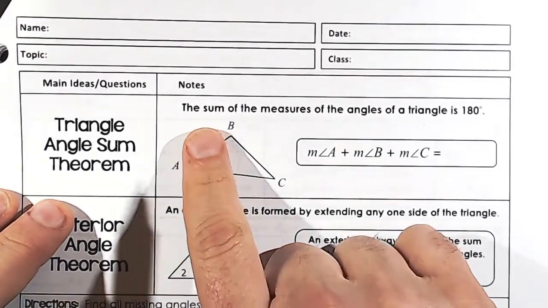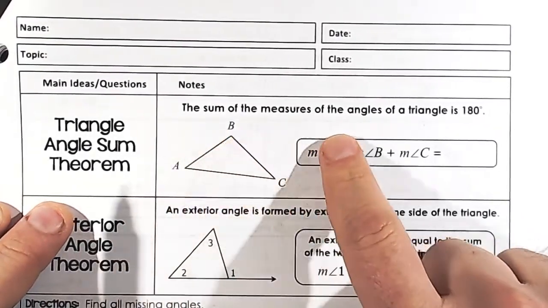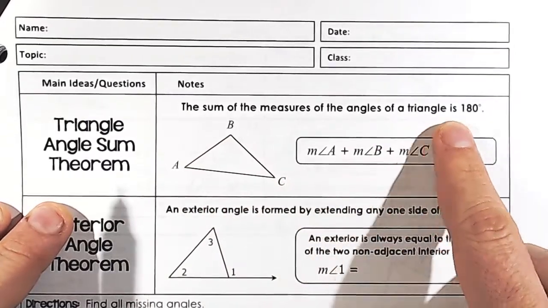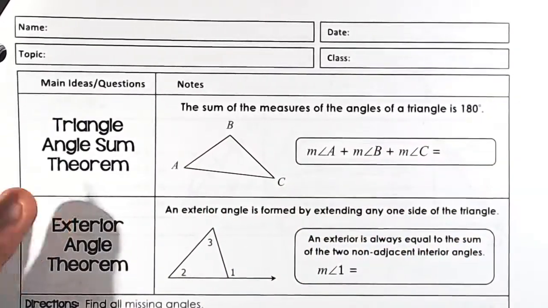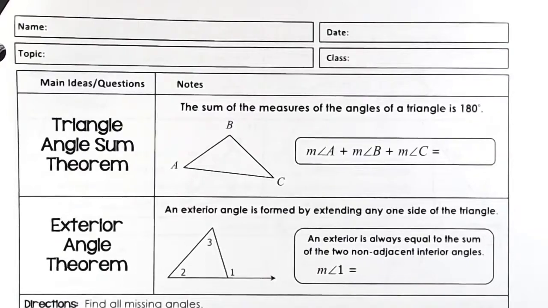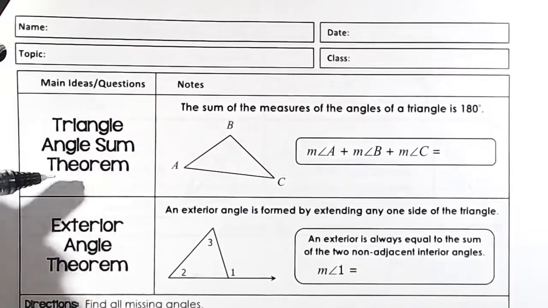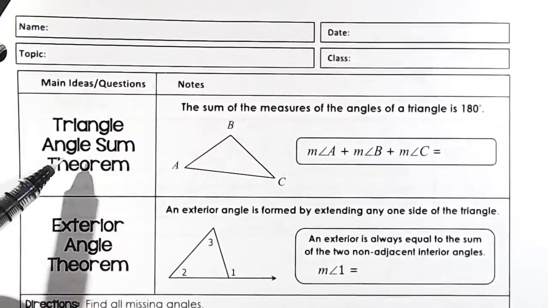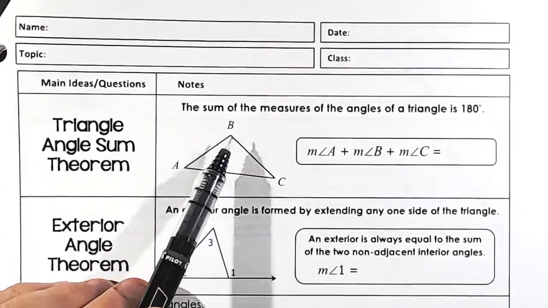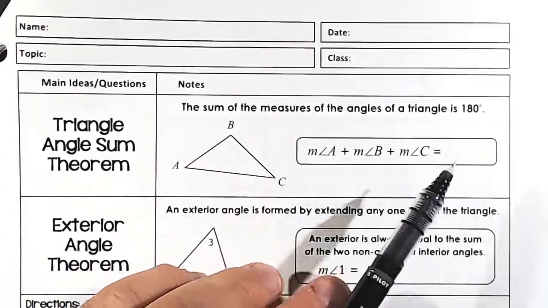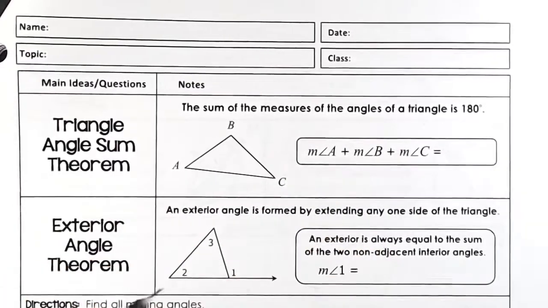Okay, so first it says the sum of the measures of the angles of a triangle is 180. That's something you probably learned when you were younger, but maybe you didn't know that it was called the Triangle Angle Sum Theorem. So this theorem says that whatever the angles of the triangle are, they all add up to 180.